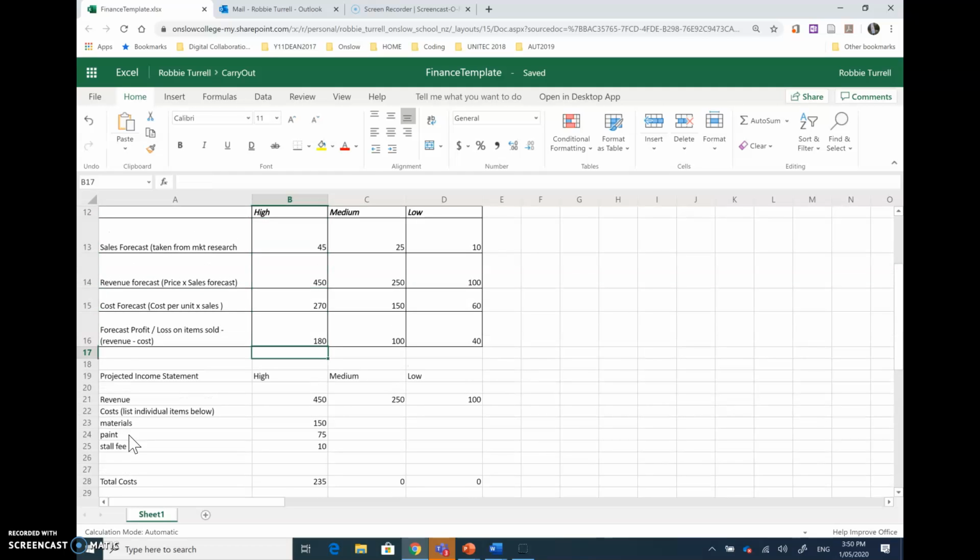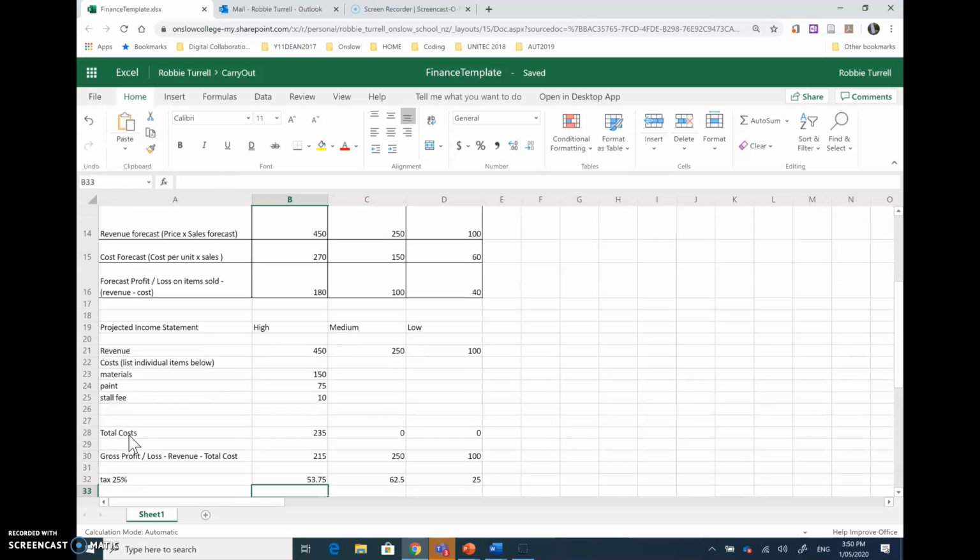If anything, this one's probably a little bit more accurate. So 235 in here, and in all these scenarios it's going to be the same. This is what we bought in total. This is what we've actually paid out on.